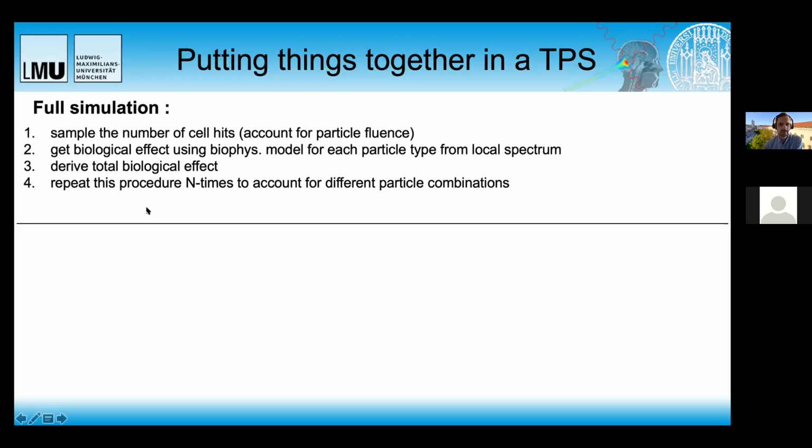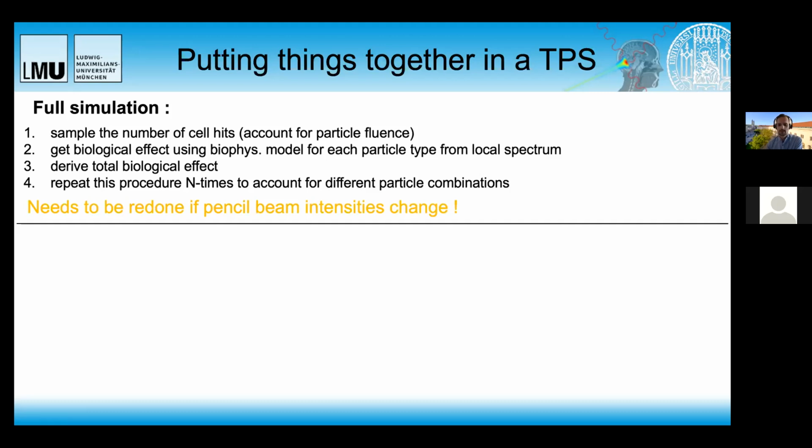And then you reproduce this a couple of times to get a robust value and to also basically allow for different particle combinations. And this is very accurate and works also for arbitrary dose levels. However, one problem here is that it needs to be done or redone if the pencil beam intensities change.